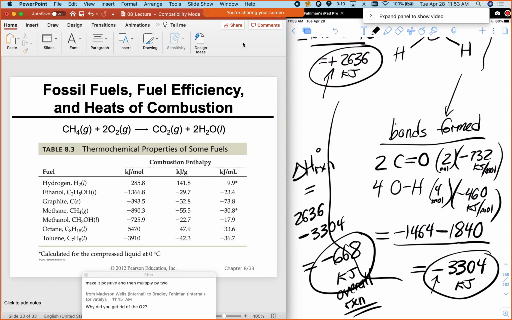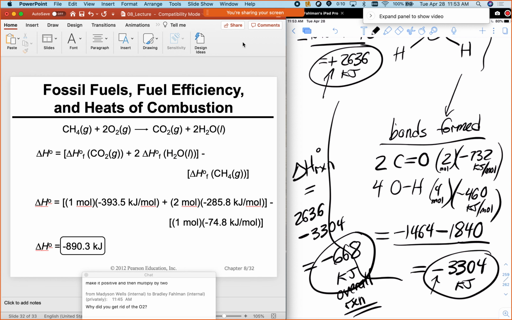How come I got a different value? Yeah, it's worthwhile noting this value is what we get if we use the bond energies.